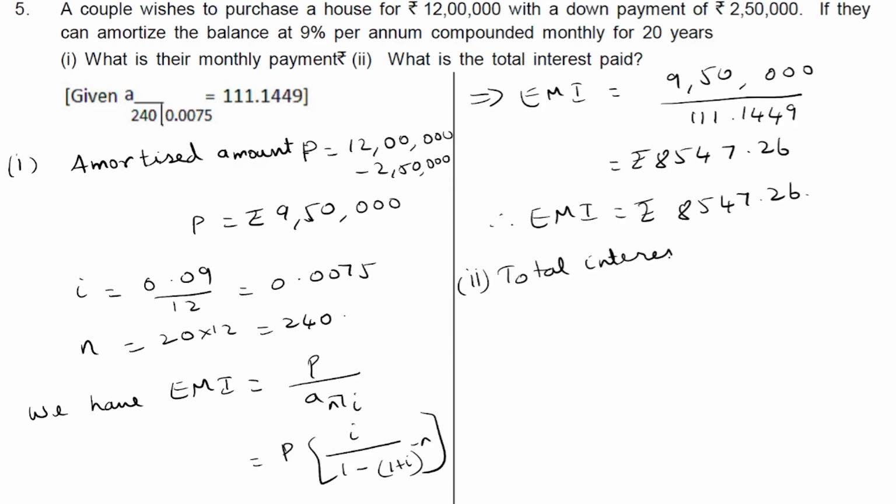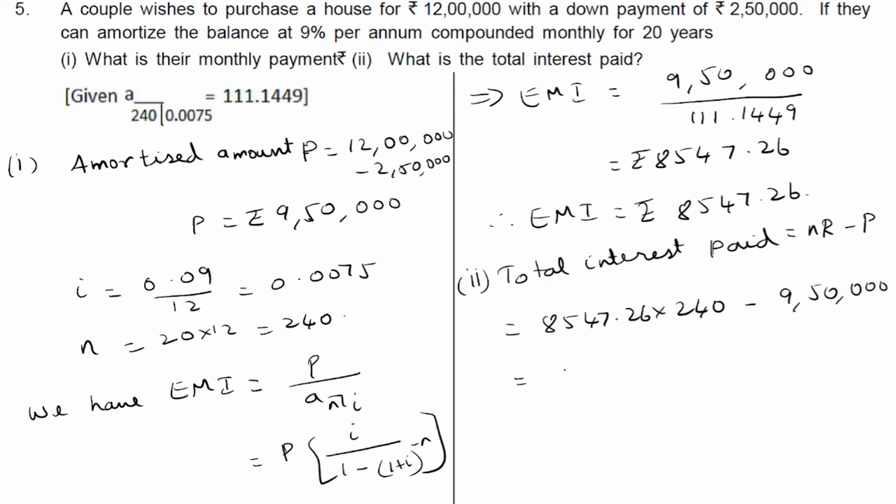Total interest paid is equal to N into R minus P. So it is 8,547.26 into 240 minus P, which is 9,50,000.